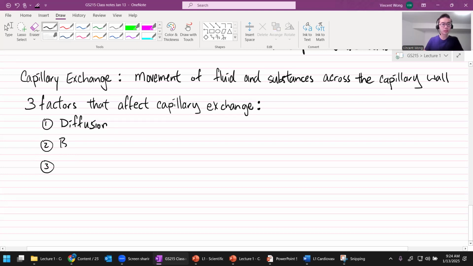Number two, blood pressure. Number three, osmotic pressure.